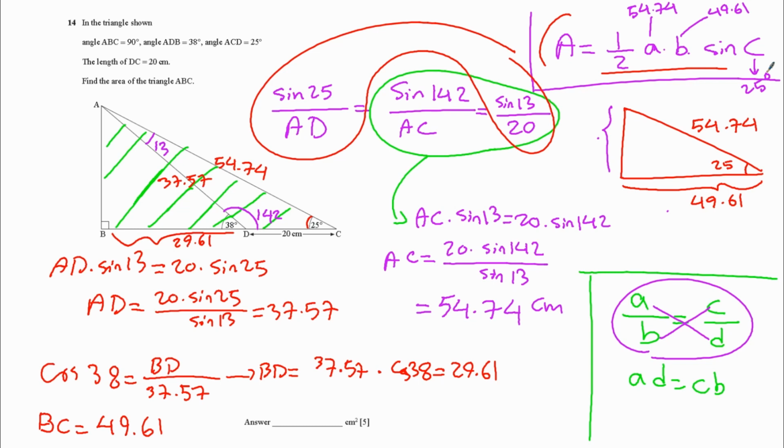So the final answer, again to two decimal places, is 573.84. So 573.84 centimeter squared. That would be the total surface area for triangle ABC.